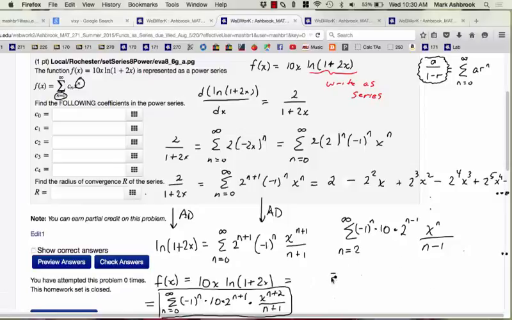So ours is going to start with C2. When n equals 2, that's our first one. So our C2 is going to be all of this stuff with 2 plugged in. So that's our Cn right there.